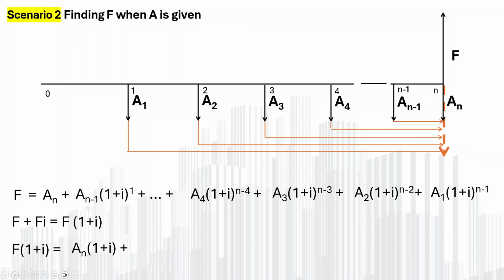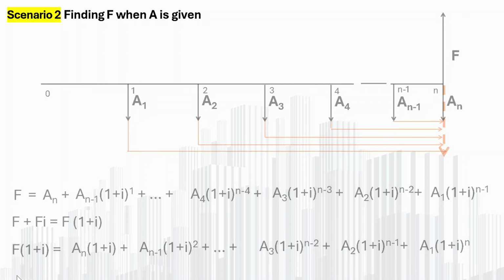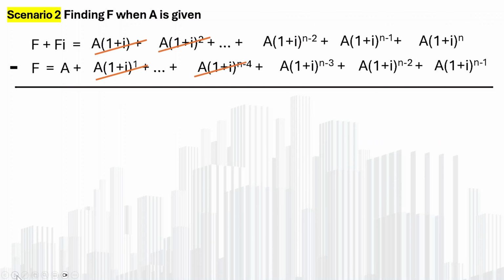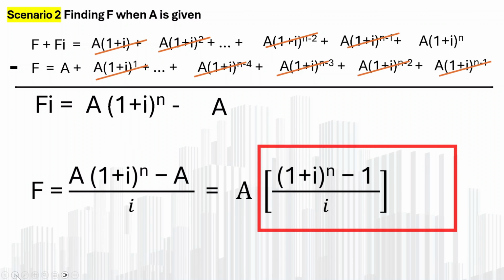So basically, it's our classic future worth formula. And then, if you derive it further, you will have this particular equation for future worth annuity problems. There we go. So future worth is A times 1 plus i raised to n, minus 1. Notice the difference.